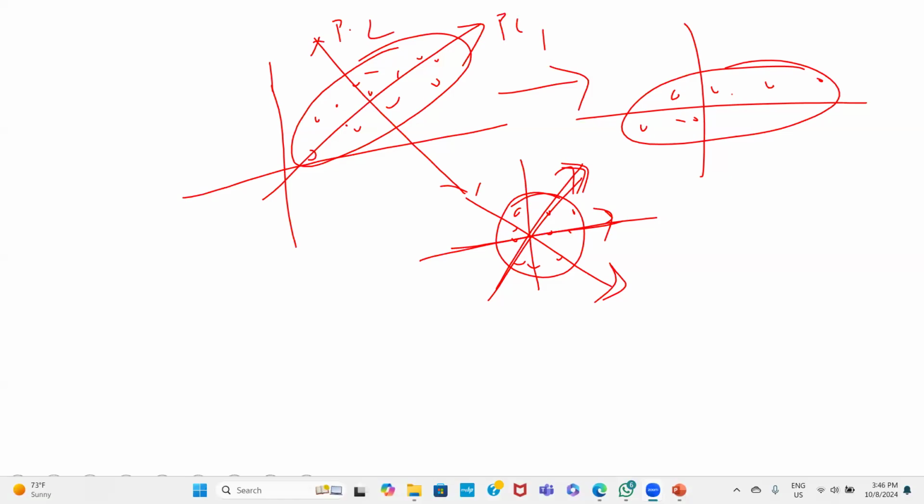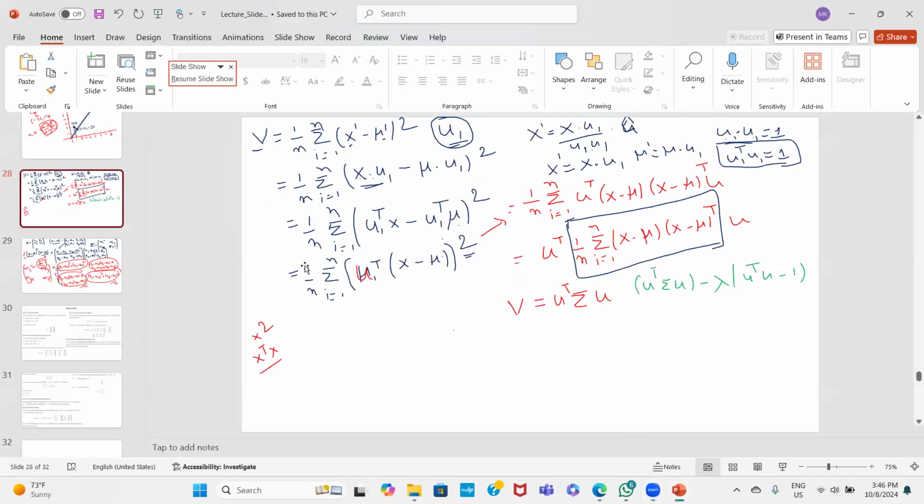I just want to close PCA today so that we will be left with SVD. The linear feature construction, linear combination models are PCA, principal component analysis, singular value decomposition, and linear discriminant analysis.